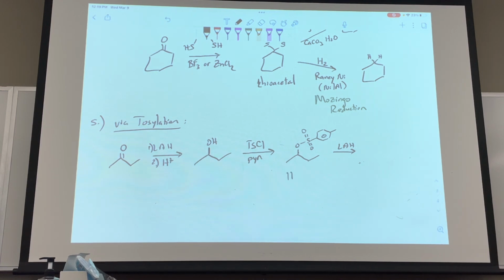So the LAH, again, you can think of as just kind of H minus. It's just going to come in and act as a nucleophile, kick out the tosylate leaving group. And that gets rid of the carbonyl, just like the other 3 methods.